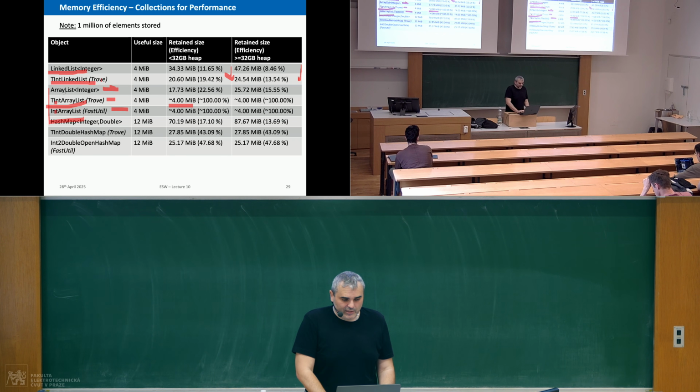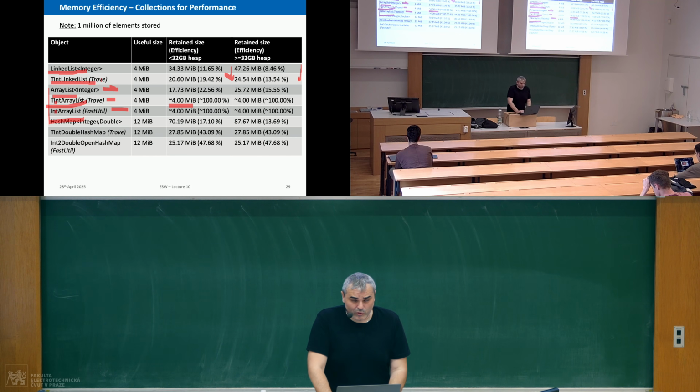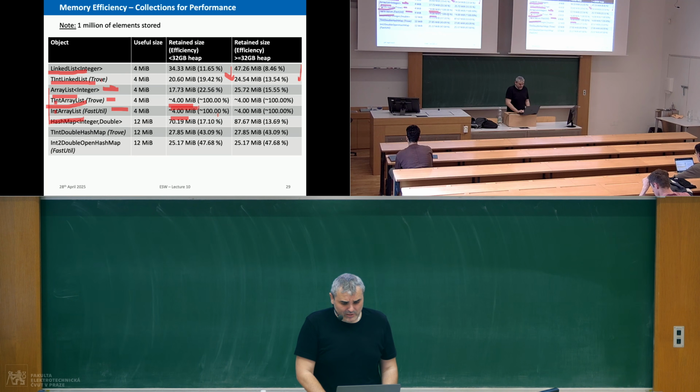In the standard case, for every element there is another overhead and there is the reference, etc. This is not the case for the Trove type-based one, and it's almost 4 million bytes, so almost 100% usage efficiency in both cases, compared to 23% here or almost 16% here.